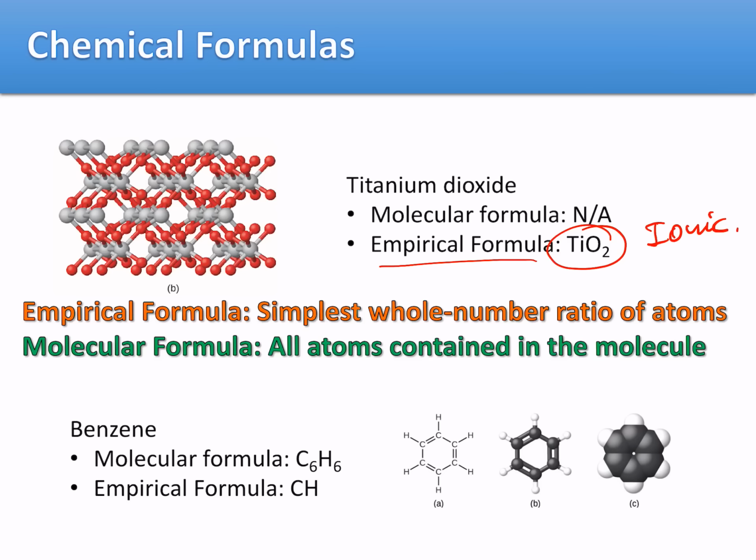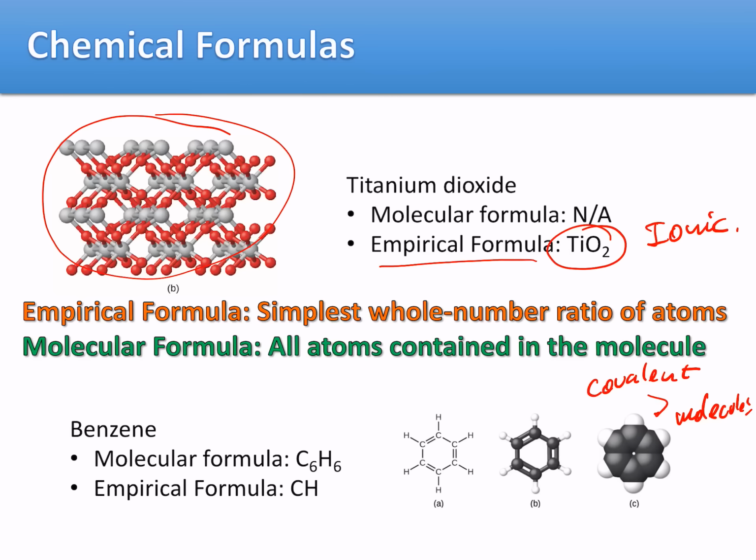They exist mostly as a network of positive and negative particles, and covalent compounds, like in this case, they exist as molecules. So that's the main difference between those two.